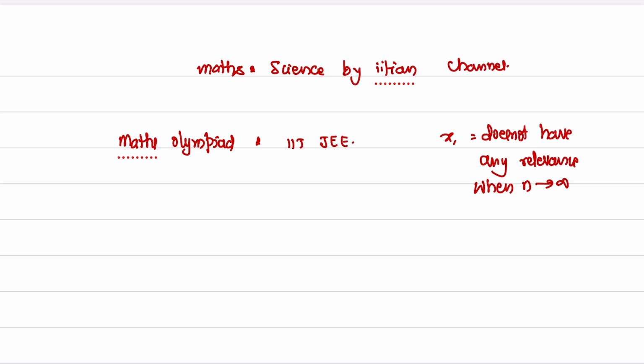Because x1 is equal to 23, people will be tempted to put that as the correct answer. No. x1 does not have any relevance in this question. Try to understand that when n tends to infinity in certain series, the initial value does not have any impact. Please try to understand that.